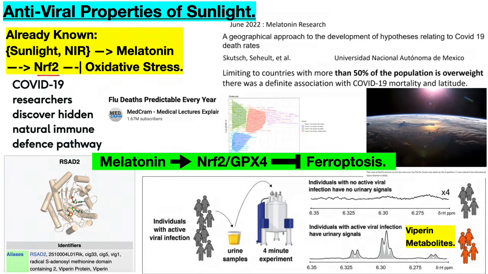So, summarizing all of this, sunlight appears to have potent antiviral properties, and utilizing specific portions of the solar spectrum, particularly red and near-infrared light, that therapeutic approach is rapidly gaining adherence in many populations around the world.